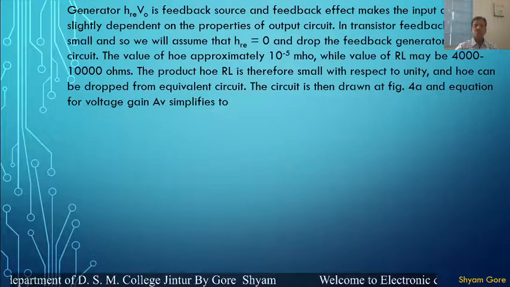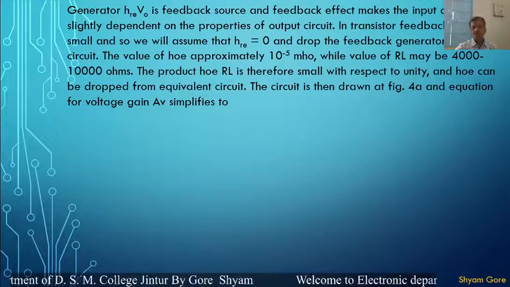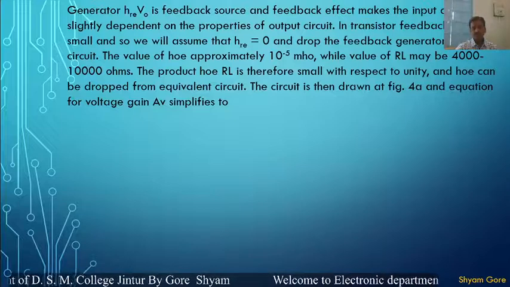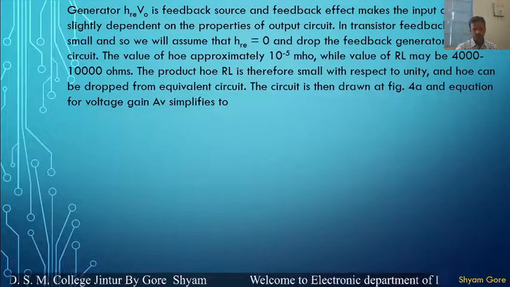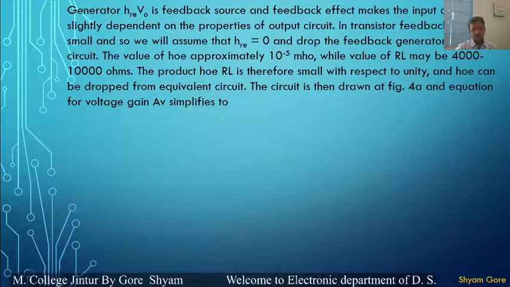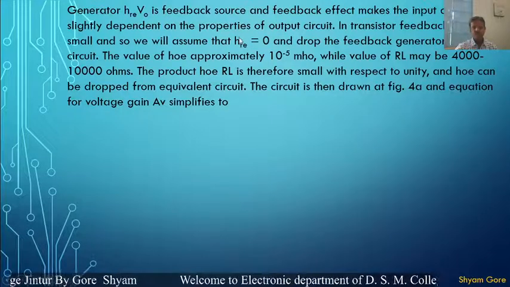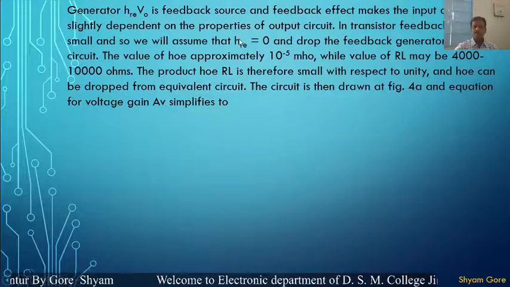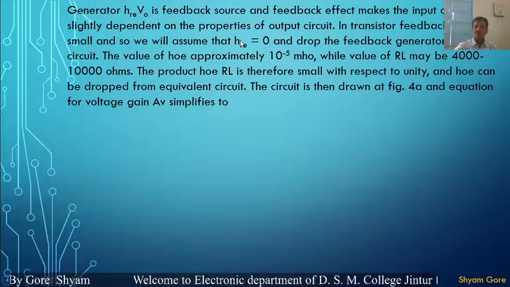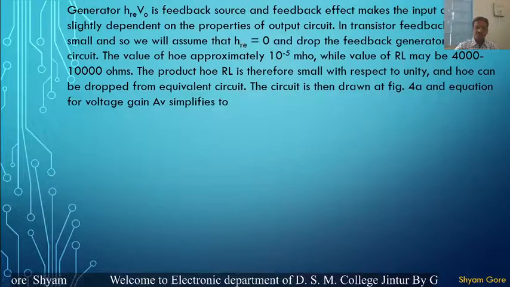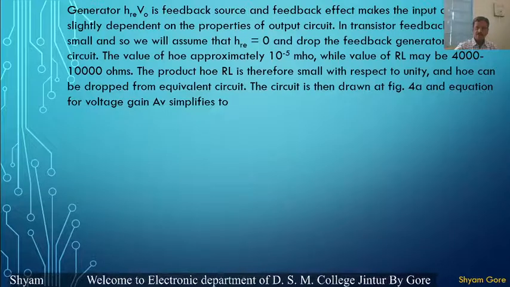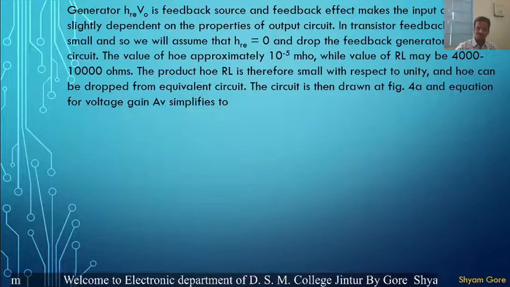So, we assume that the value of HRE is equal to 0, because the effect of that feedback voltage is very small. Therefore, we can take HRE equal to 0 and drop the feedback generator from the circuit.